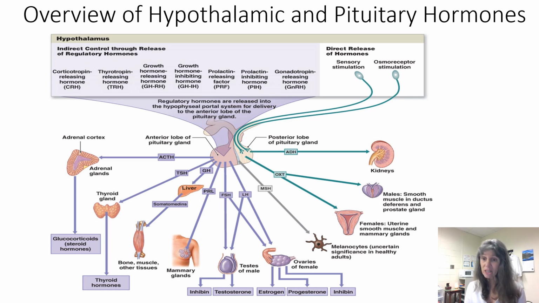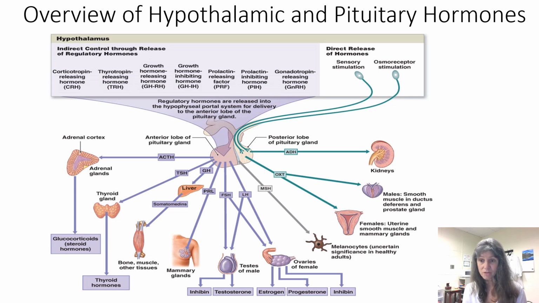So let's take a quick look at the hormones produced by the hypothalamus that are going to communicate with the adenohypophysis. And this includes corticotropin releasing hormone, thyrotropin releasing hormone, growth hormone releasing hormone, growth hormone inhibiting hormone, prolactin releasing factor, prolactin inhibiting hormone, and gonadotropin releasing hormone.